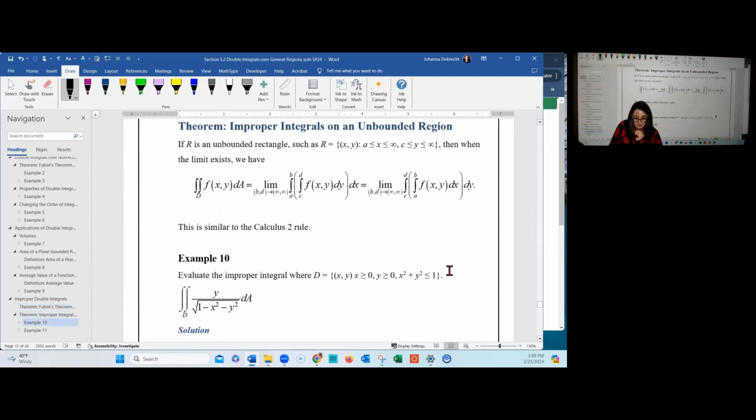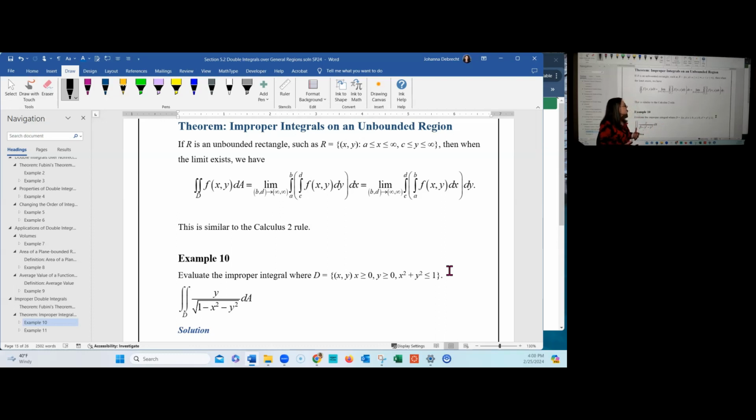What about if we have an unbounded region, meaning that x or y is allowed to go to infinity? The previous case was looking at vertical asymptotes of the surface, where the z value goes to infinity. In this situation, the z value is probably restricted and not going to infinity, but the domain region over which we are evaluating it is extending to infinity or negative infinity in one or both directions.